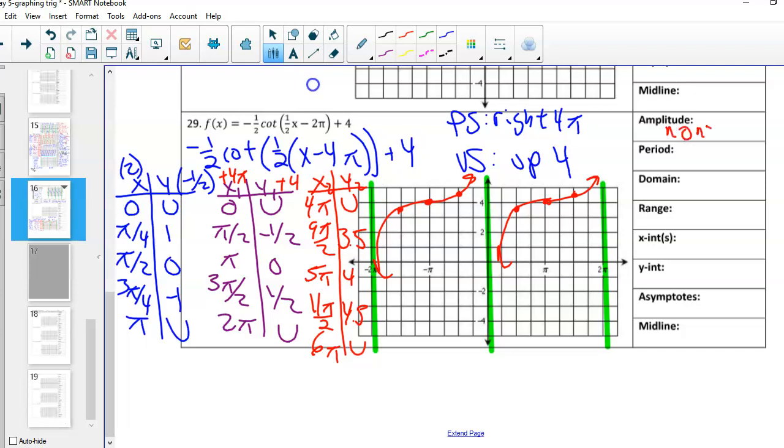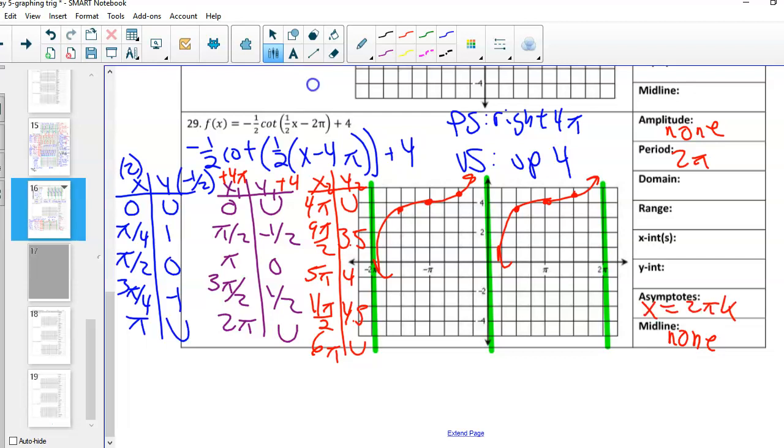Amplitude and midline are none. What would your period be? 2 pi. It's going to repeat itself every 2 pi, and you kind of see that. I'm going to write our asymptotes, then we'll write our domain. So our asymptotes are at every 2 pi, x equals 2 pi k.